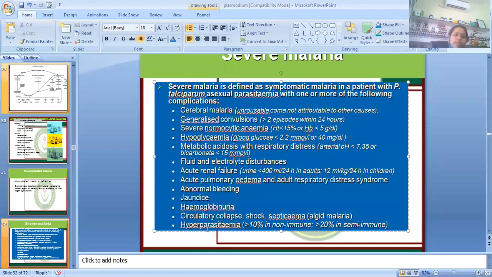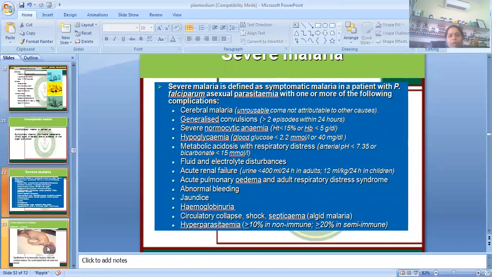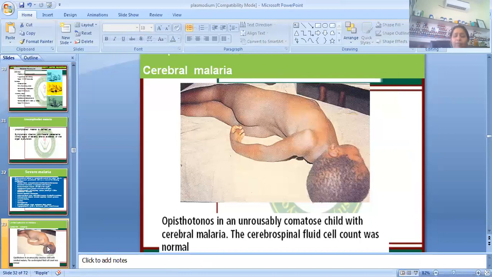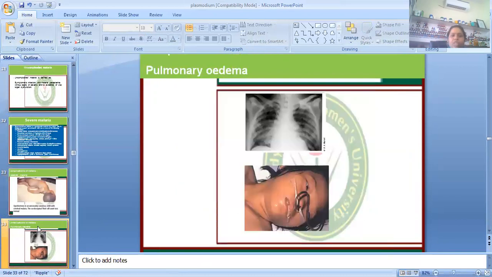As I showed in the last 2 or 3 slides, I have shown you the mechanism. These all happened because of that. See, there is a picture of cerebral malaria where the person is having opisthotonus and is unrousably comatose. There is pulmonary edema in this picture.